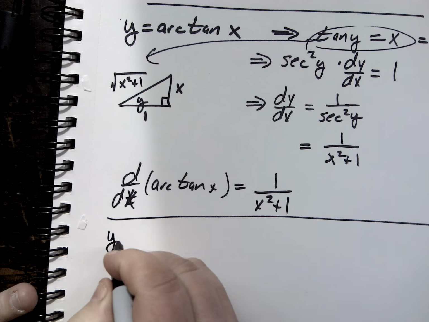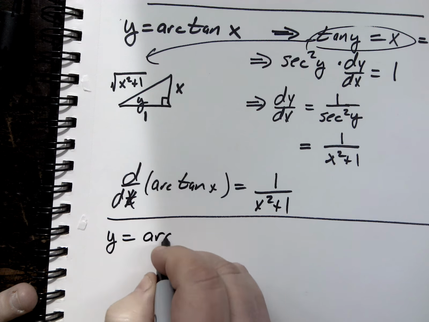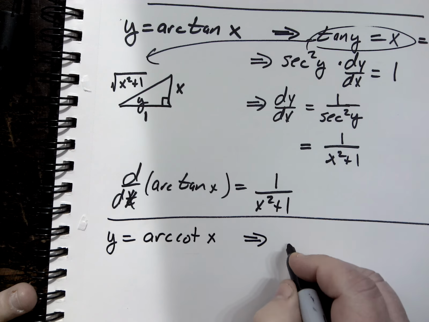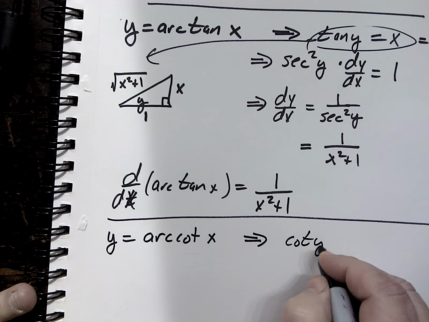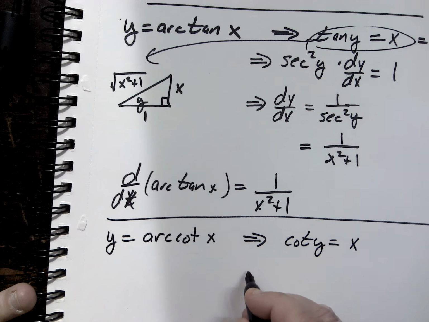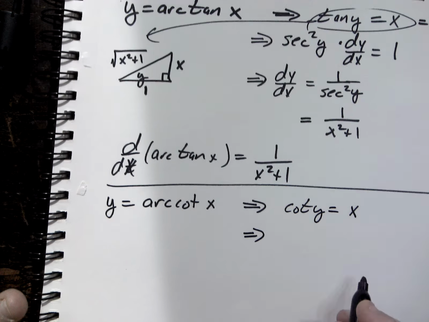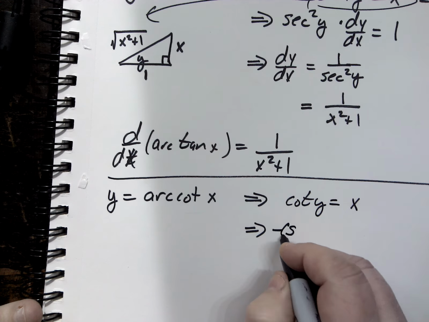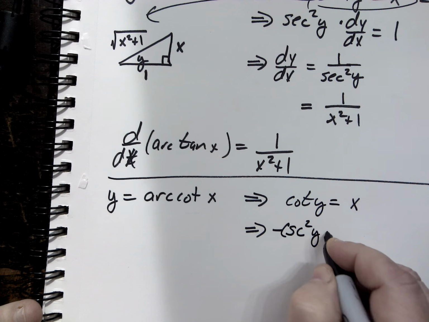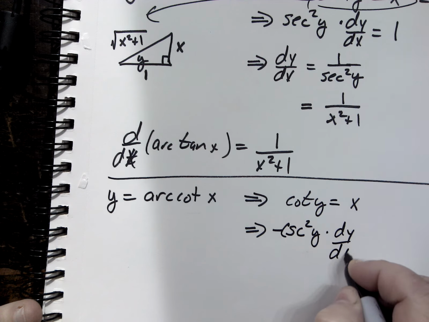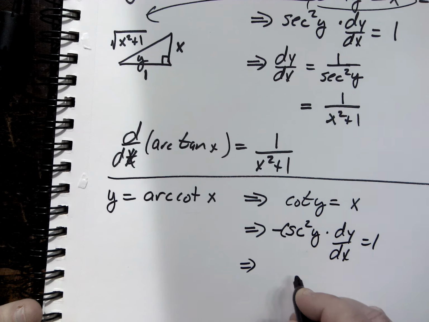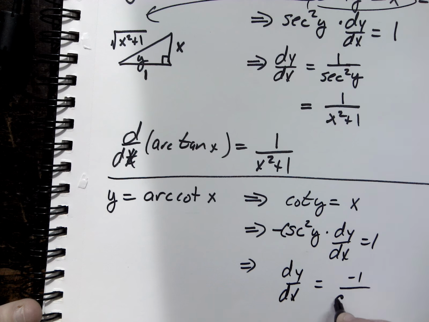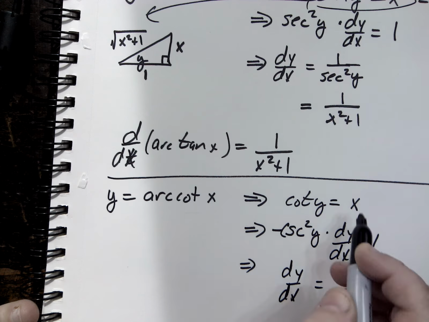Let's do cotan. y equals arccotan of x, which means I have cotan of y is equal to x. Taking the derivative, the derivative of cotan of y is negative cosecant squared of y times dy/dx. So dy/dx is negative 1 over cosecant squared of y.